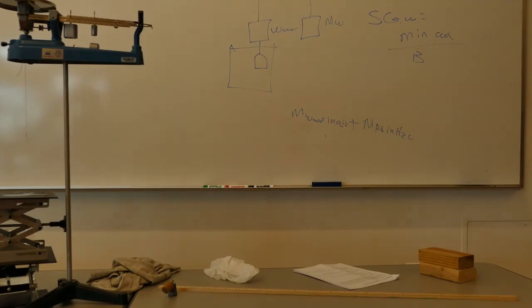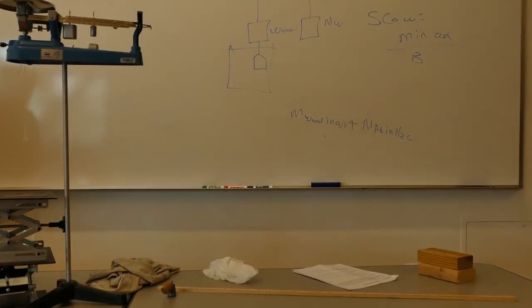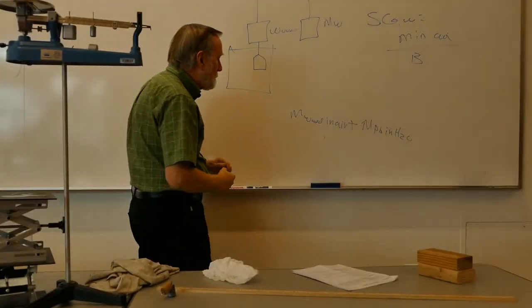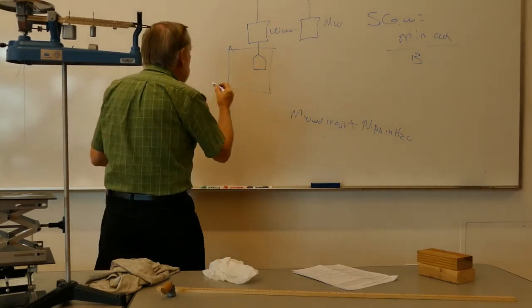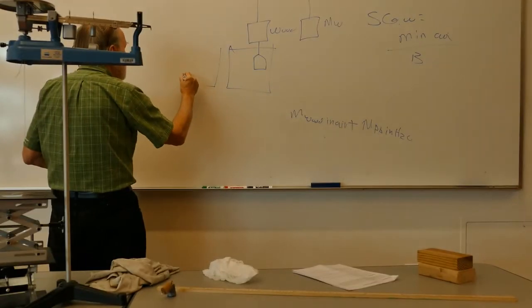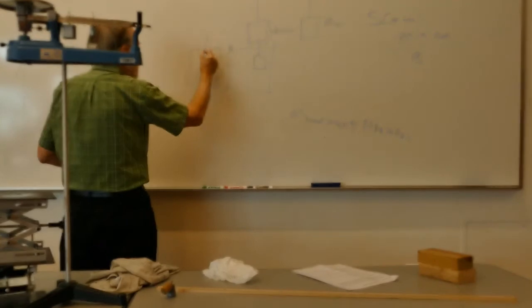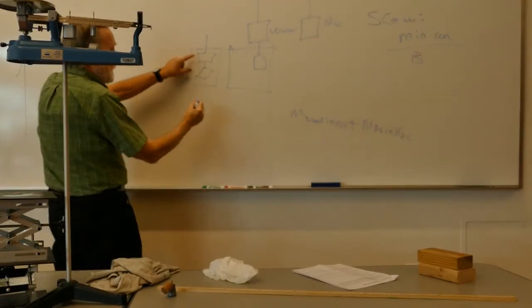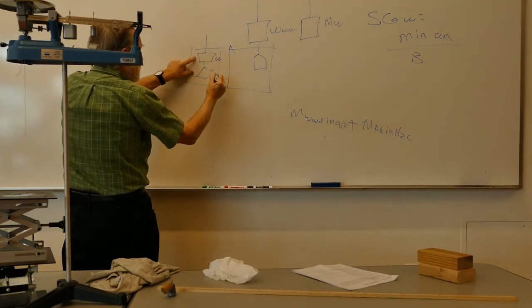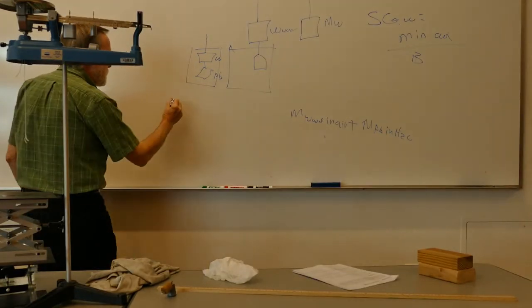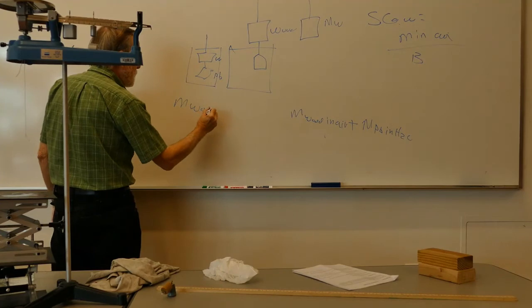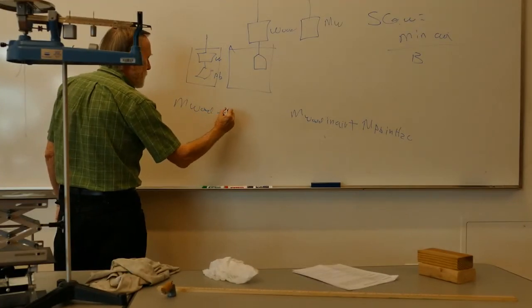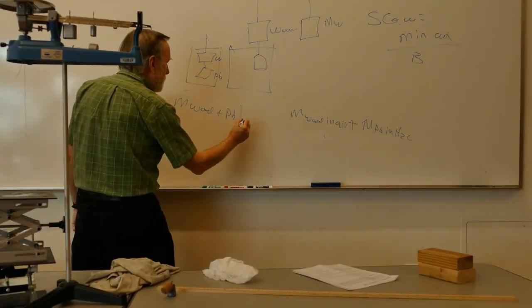That will give us a number. Then we're going to submerge both in the water together, the wood and the lead in the water, mass of the wood and lead in water.